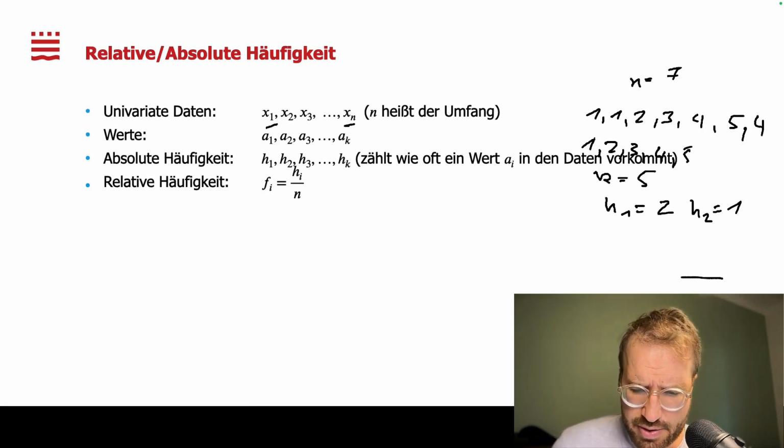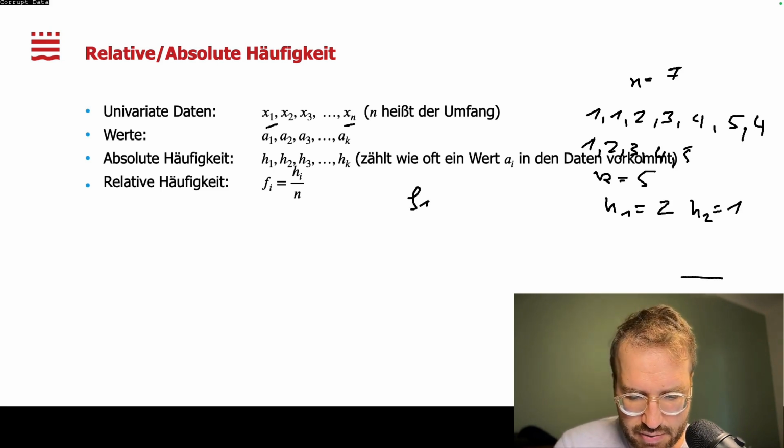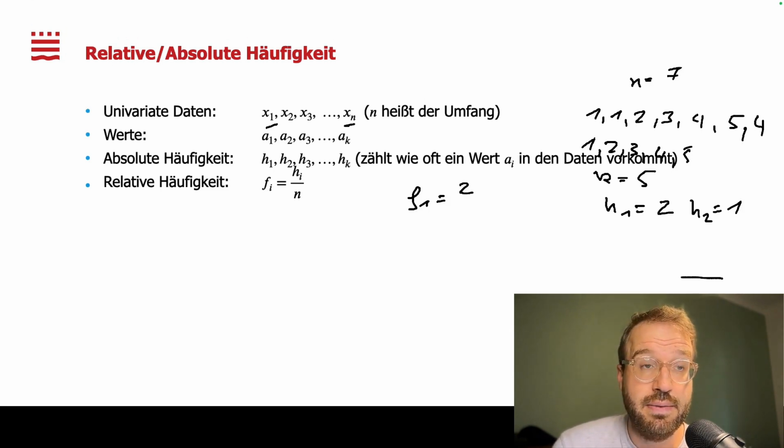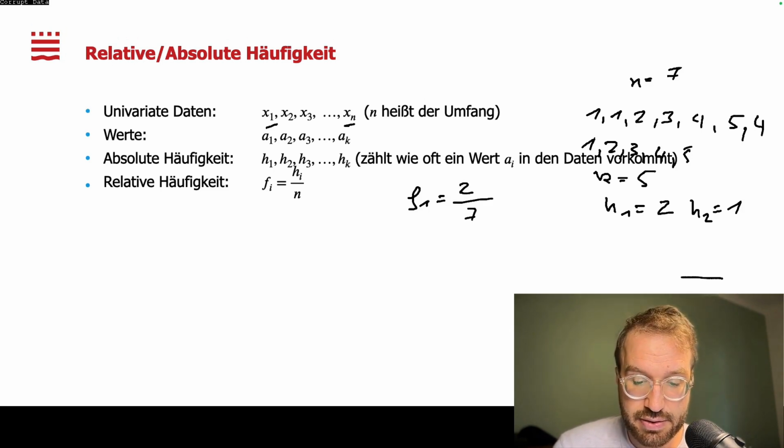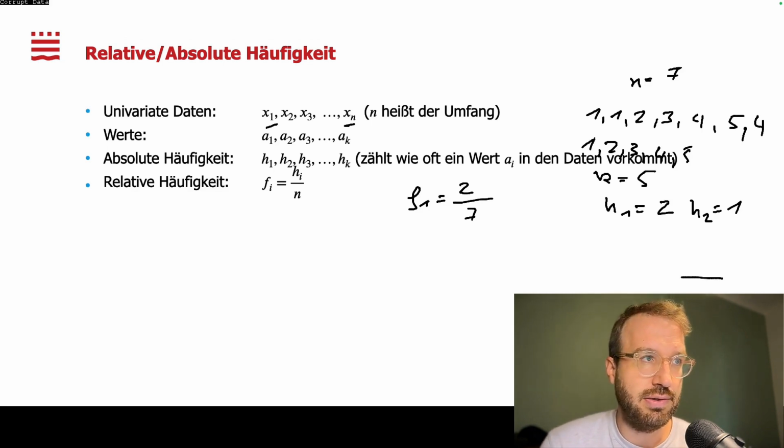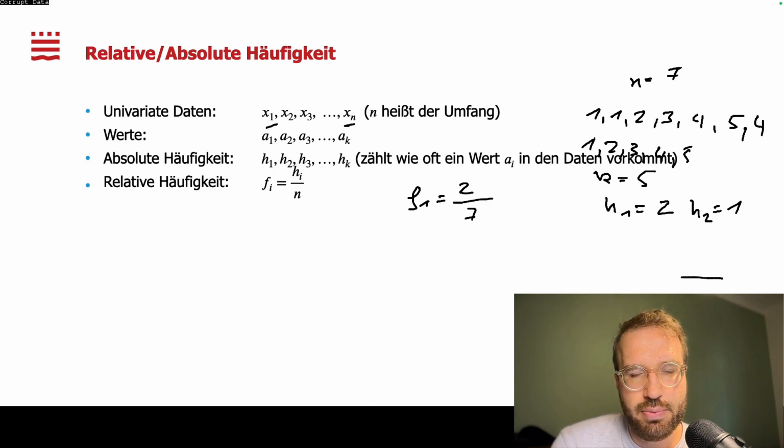Yes, we can briefly look at what f_1 is. So f_1 is h_1, which we have identified as 2, divided by the size, which is 7, so that f_1 equals 2/7. Yes, so that means it is similar to a probability, also between 0 and 1. But yes, we will of course cover probabilities in the upcoming videos.